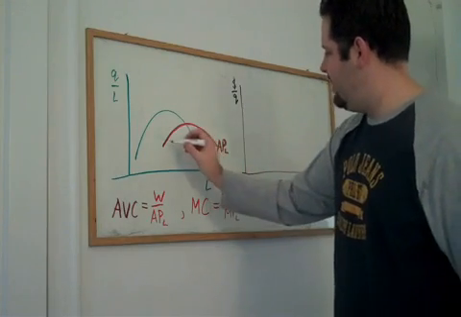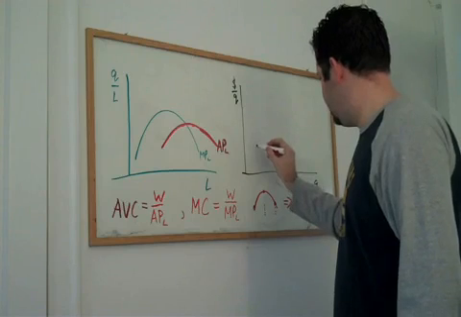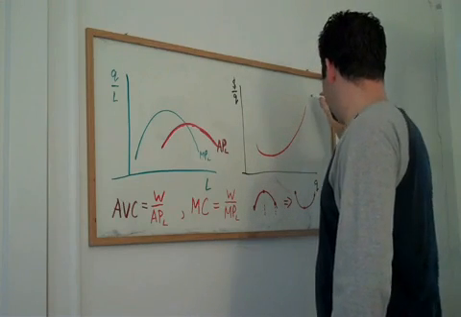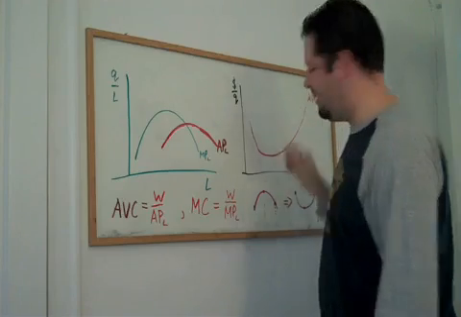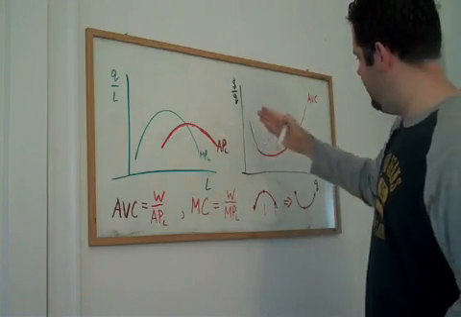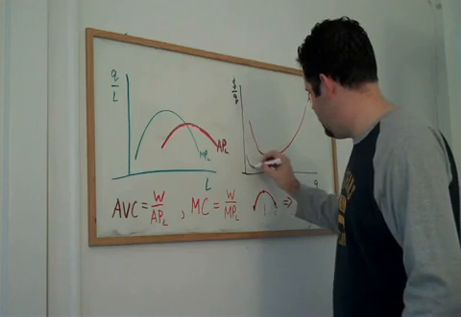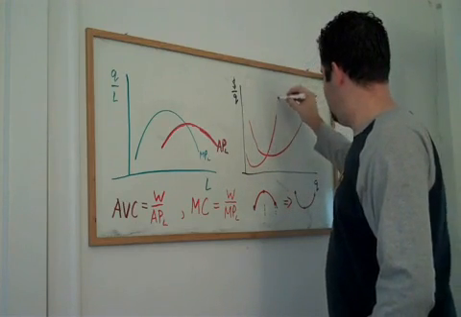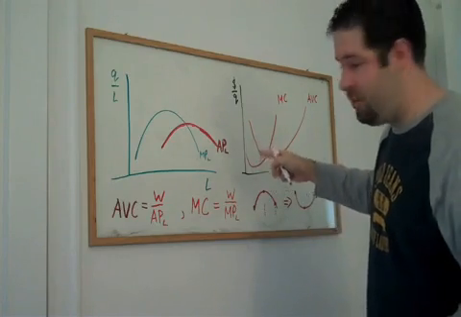So what we'll see is that this average product curve turns into an average variable cost curve here, with a U-shape. Inverted U turns into a U-shape. And the marginal product curve turns into a marginal cost curve, again with a U-shape.